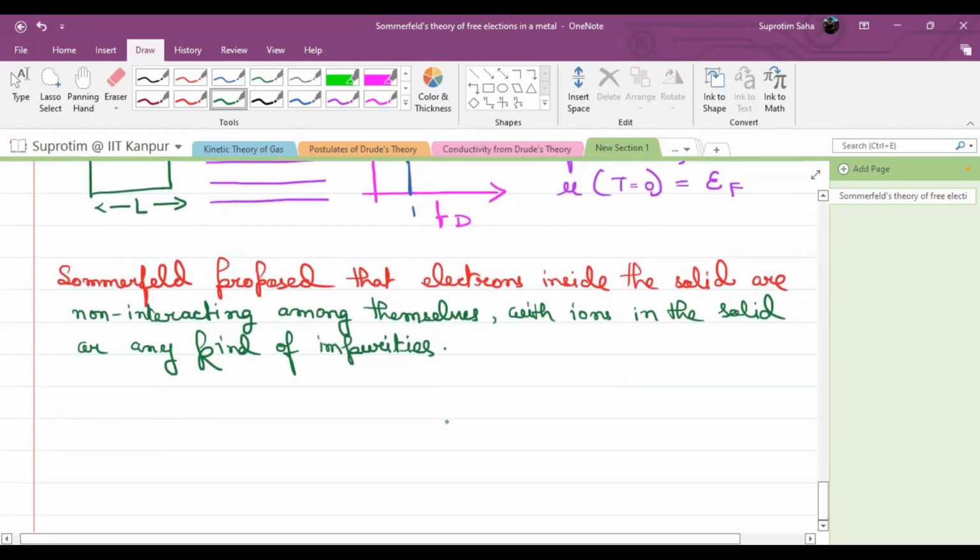We have been working in the 1D case till now, but in a solid it's in 3 dimensions.